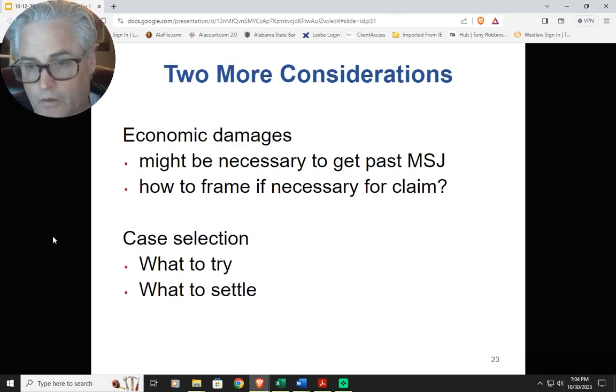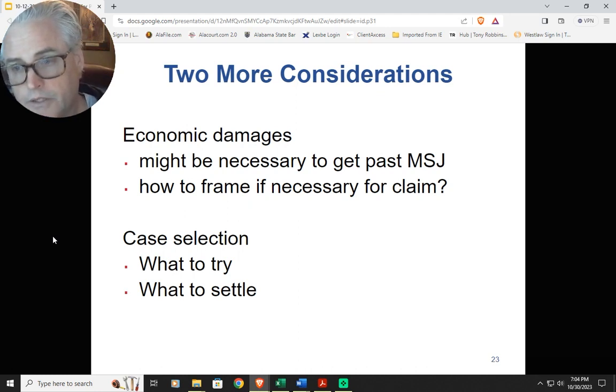Always be familiar with your law as to whether it's necessary to show some economic harm to get past summary judgment, and also whether it's necessary to talk about the economic harm in framing your claim, because the dollar value in these verdicts is not from your economic damages.